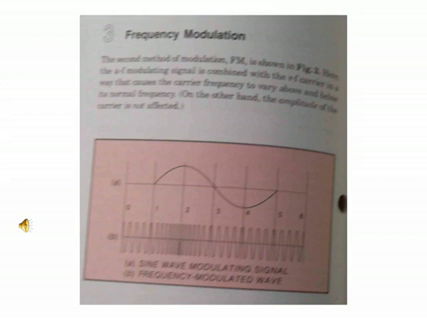By combining the audio frequency and the carrier frequency, the total modulated waveform frequency will be changing. In this case, the frequency will be higher and lower depending on the nature of the audio frequency. So that kind of modulation is frequency modulation.